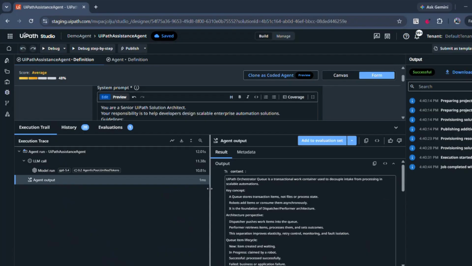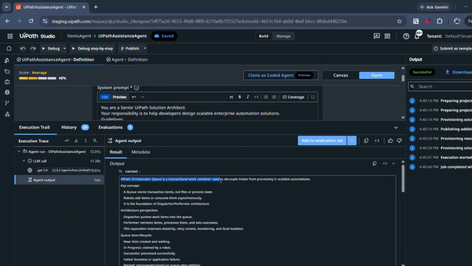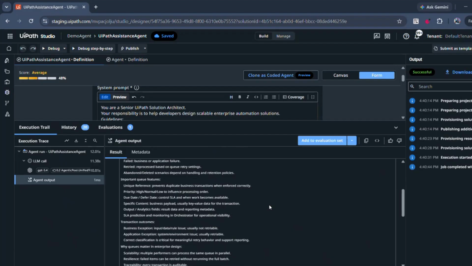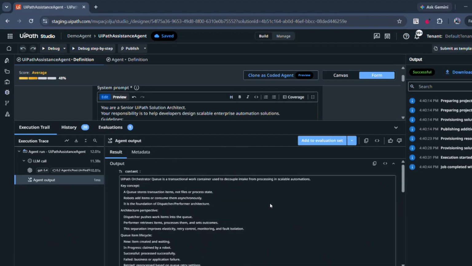Now we're getting a response for UiPath Orchestrator queue. It is a transactional work container used to decouple intake from processing in scalable automation. So this is how we get a response back. That's exactly what a user prompt does. It changes the task, not the identity.